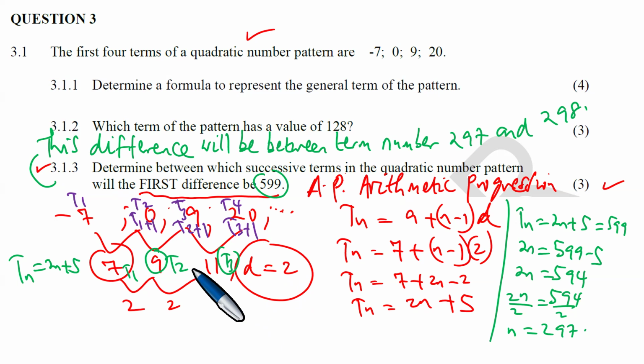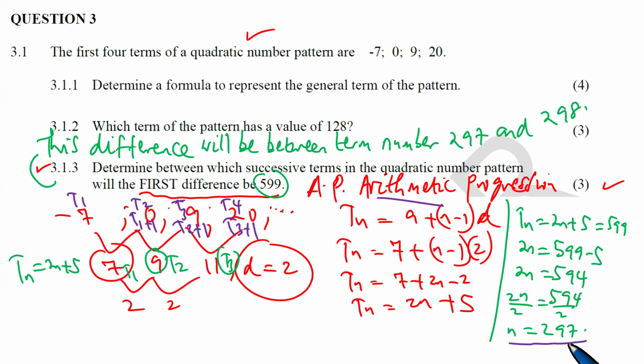Now this is very important. These things are there at grade 11, and they are there at matric. This question was set for grade 11 learners. So if you get n equals 297, it means if you get term number 3, it is between T3 and T4.